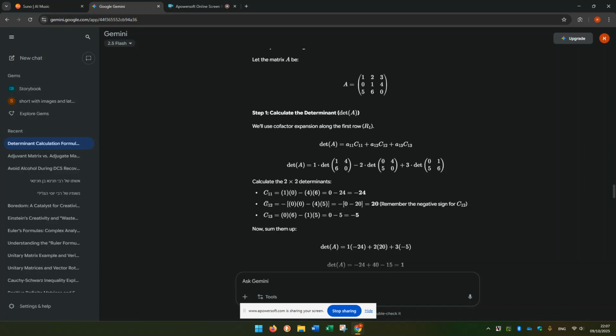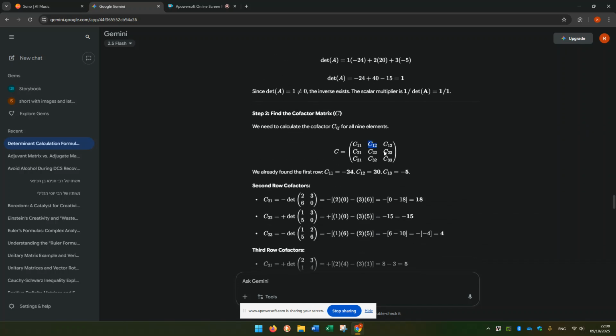So C12 will be minus the determinant of what is left, and we will get 20. So for C12, we get 20, and we can put it right over here.